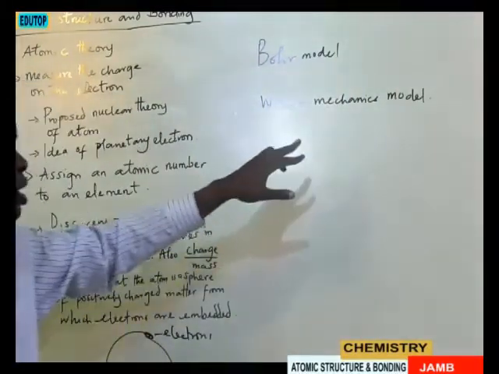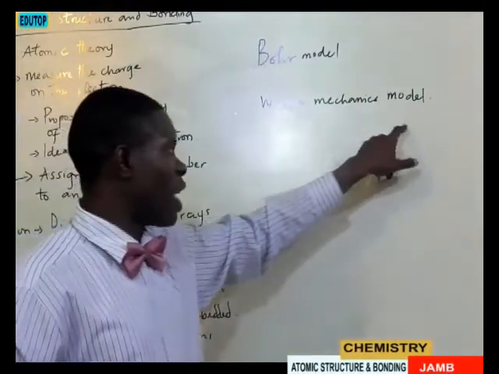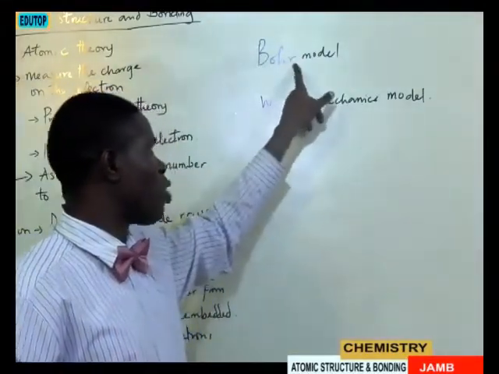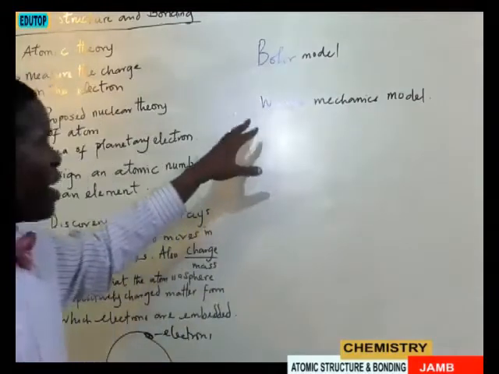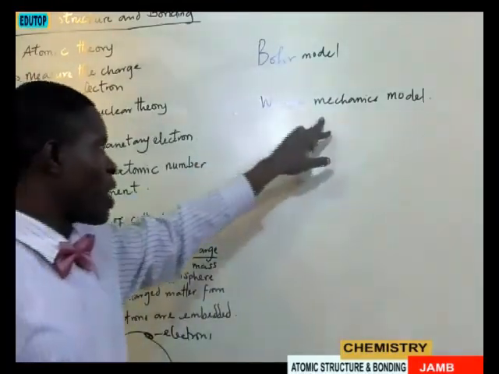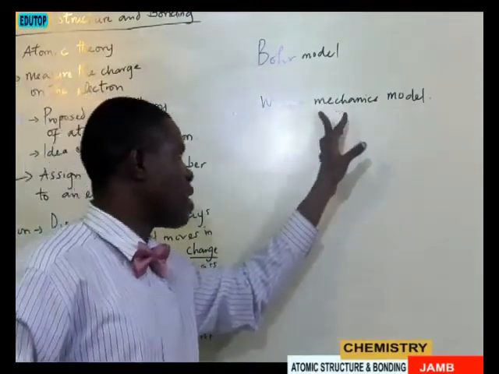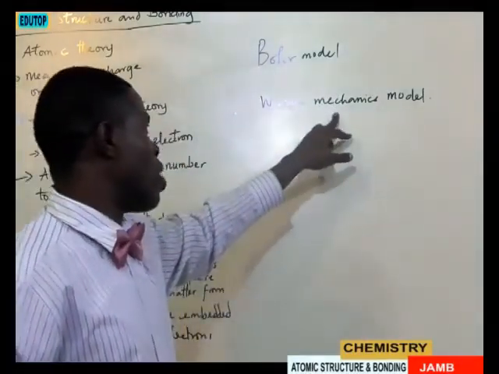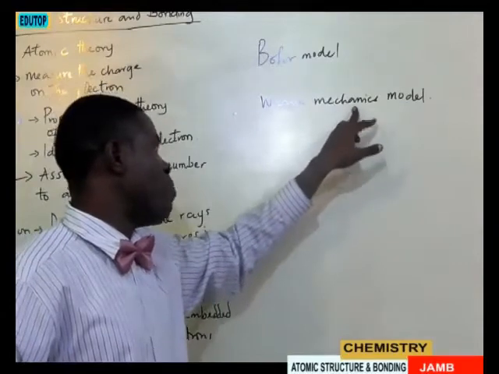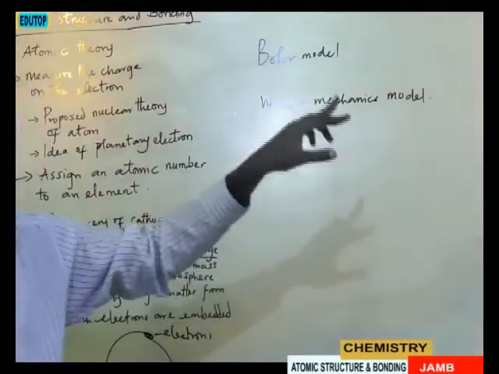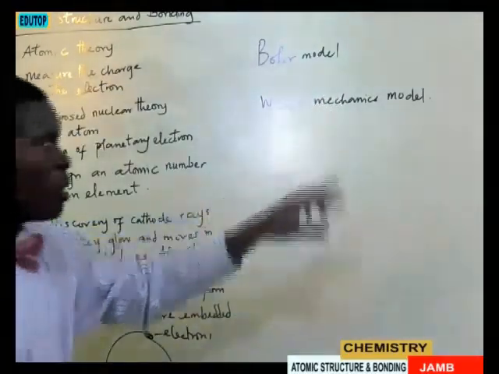Instead of restricting the electrons to a certain energy level, just like in the case of the Bohr model, it identifies a region which is called an orbital, where there is a possibility of finding an electron with a certain minimum amount of energy.